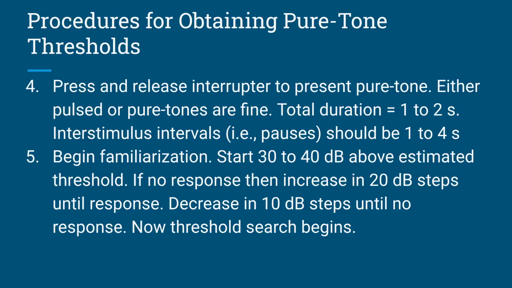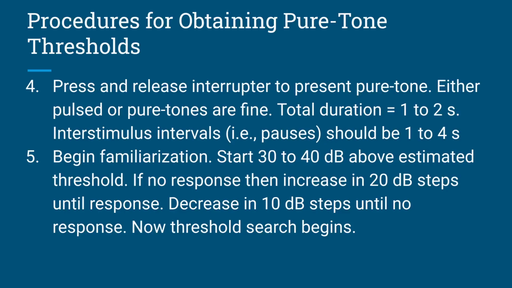And then you want to ask the patient to press and release the response button. Let me rephrase that. You want to press and release the interrupter on the audiometer to present the pure tone. Either pulsed or pure tones are fine. Pulse tones have a shorter duration, but you might have 3 or 4 pulses per presentation.